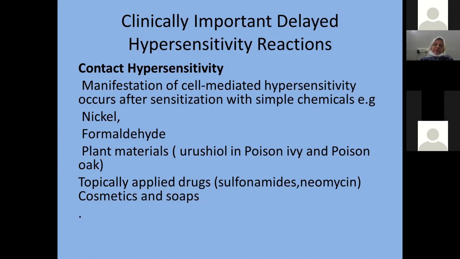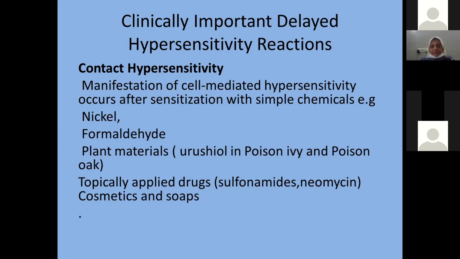And sometimes that reaction is so severe that it can lead to tissue necrosis of the skin. Many girls are very fond of putting henna or mehndi on their hands and palms, and sometimes a very severe reaction occurs. So this is a very classical example of contact dermatitis or contact hypersensitivity.